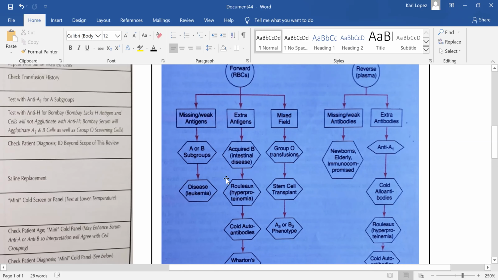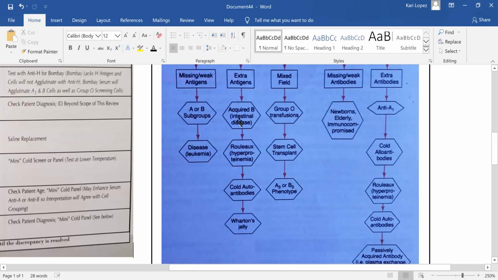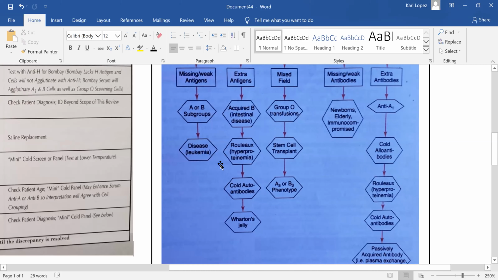Now, if they have extra antigens, that would be like your acquired B or intestinal disease, rouleaux, or cold autoantibodies, and Wharton's jelly. Do y'all remember what Wharton's jelly is? That one's on my RH video too. I forgot y'all haven't seen that one.